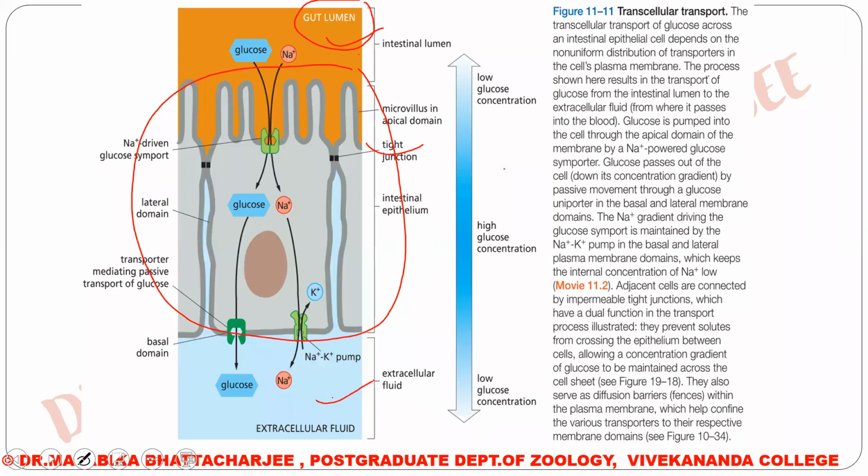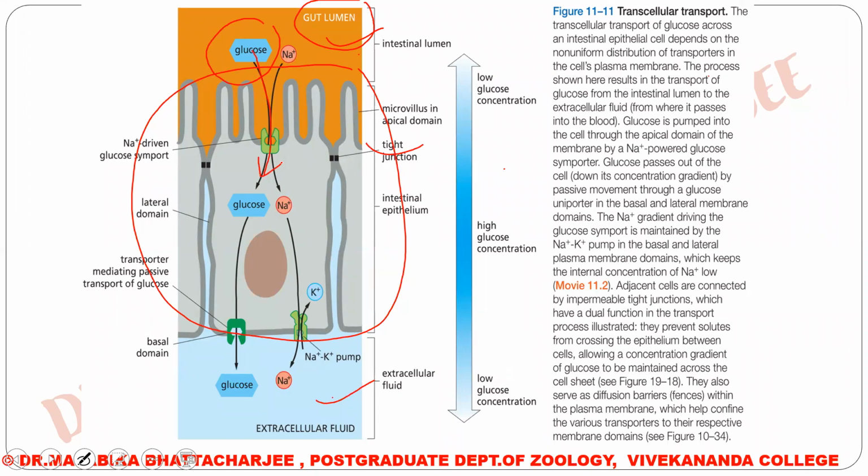So when we are taking in food, the food is entering our stomach, moving into the intestine. The food is gradually digested. And we are having the digested product of carbohydrate, that is, a broken down product of carbohydrate, or glucose. So glucose is now going to enter the epithelial cell.